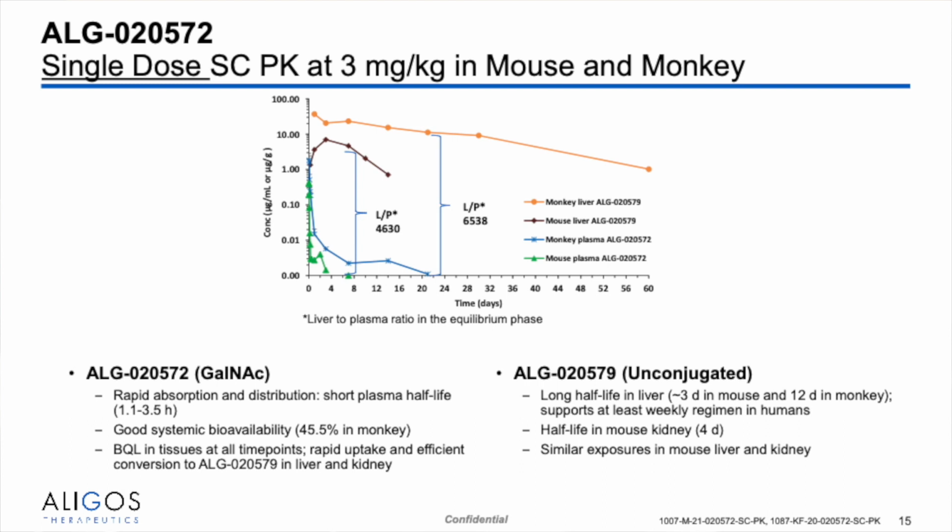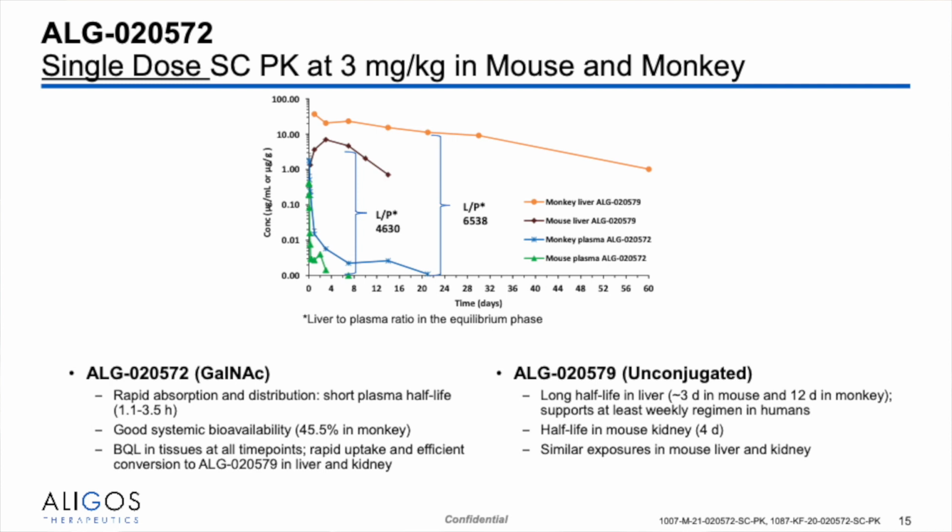When we have the GalNAc conjugation on here, we also see very rapid absorption and distribution and a very short plasma half-life. We have good systemic bioavailability, and it mostly is showing up in the liver and the kidney, as we would expect.